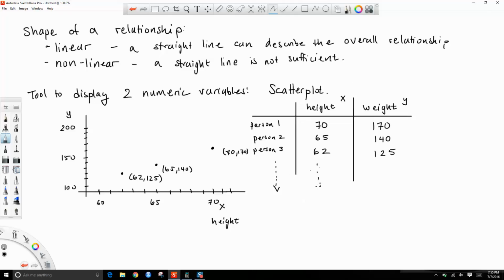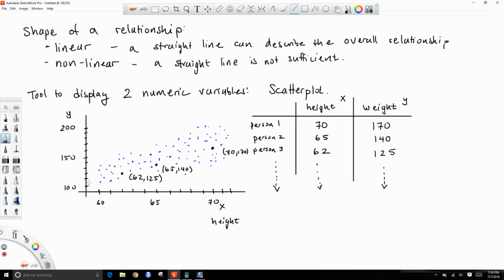and we can gather more data. And I'm going to just kind of draw some more dots. Because you can have people with high weight and low weight at any of these heights. Okay, and if we look at the overall trend here, looking at the relationship between X and Y and the dots, we might say that there is overall a linear trend.